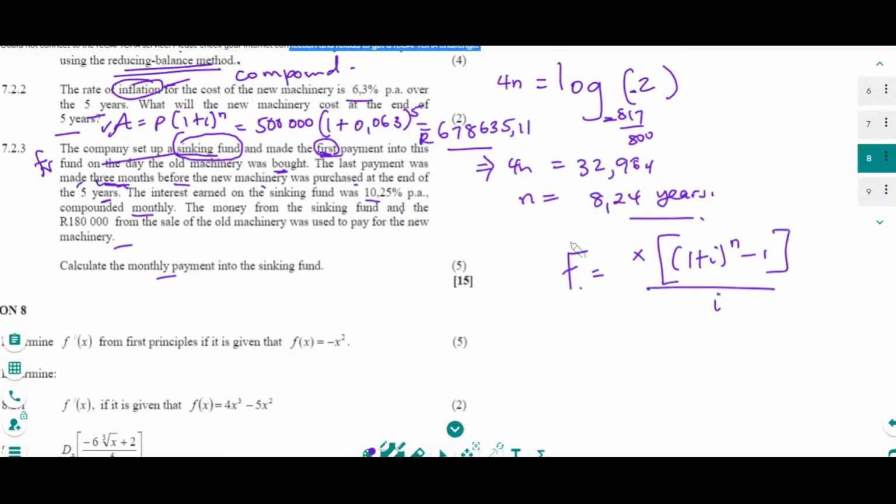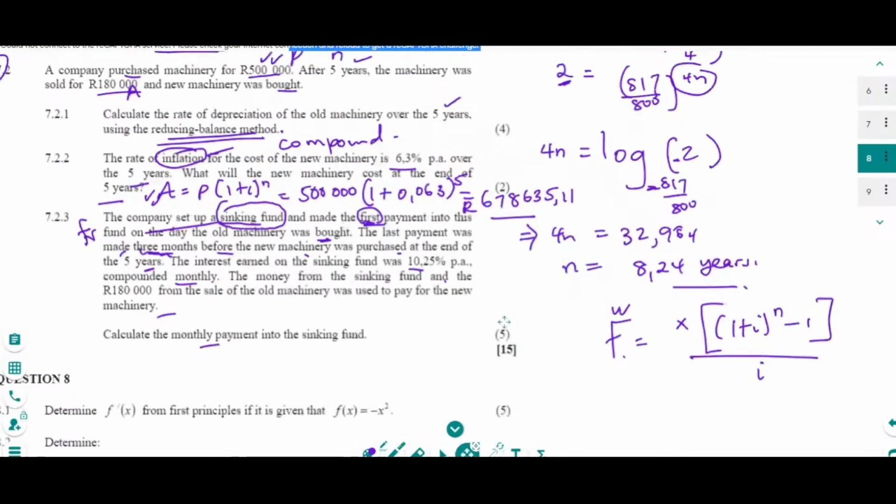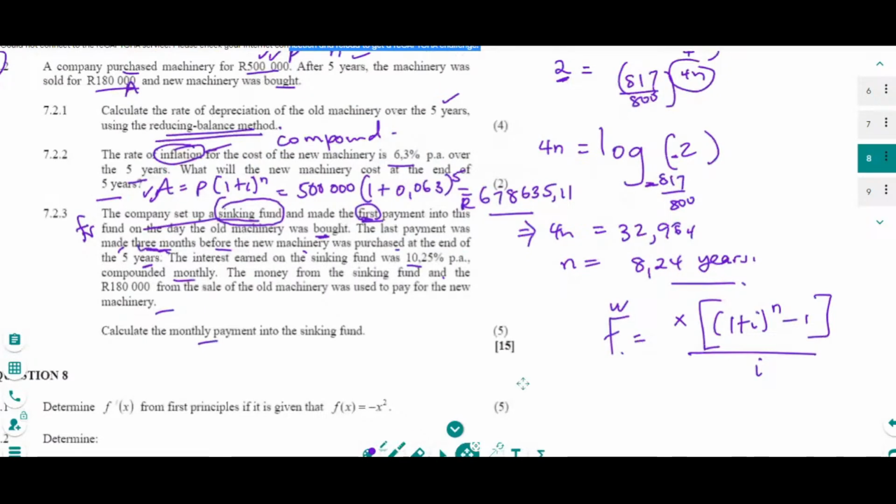Do we know the future value that we're focusing on? What is our target? Remember, when the old machine is sold, we're going to end up with 180,000. And then the new machine is going to cost this much. So if this is available, how much are we going to be short?